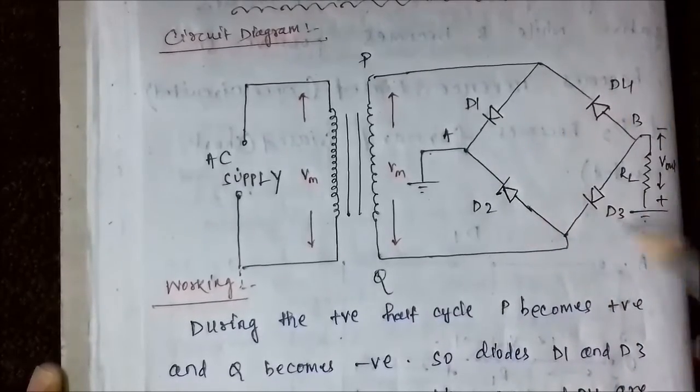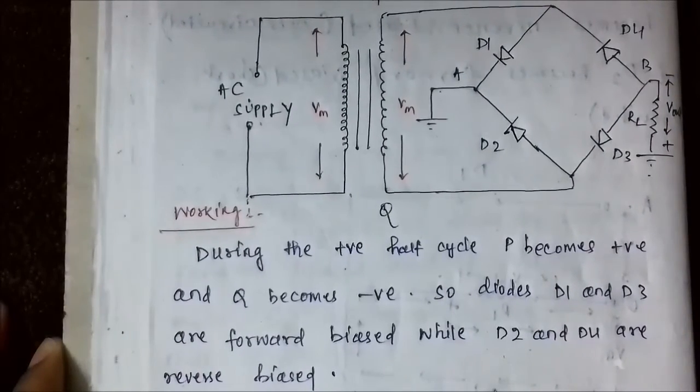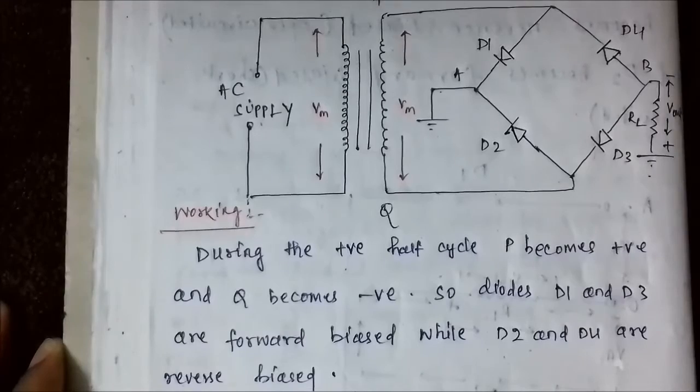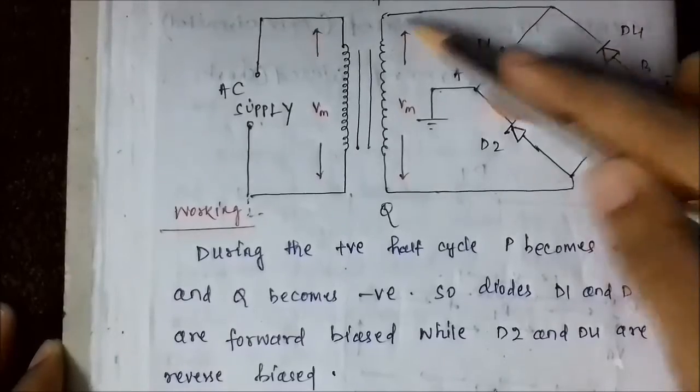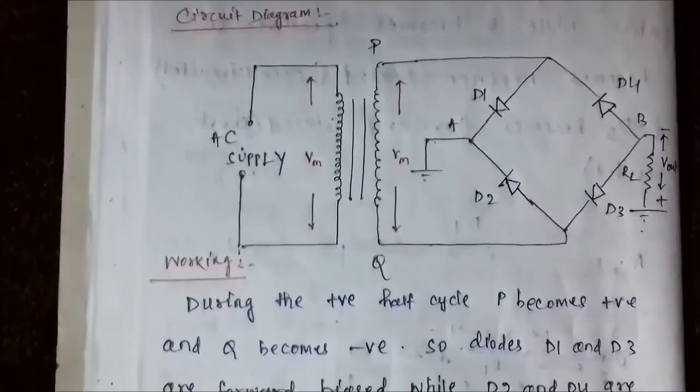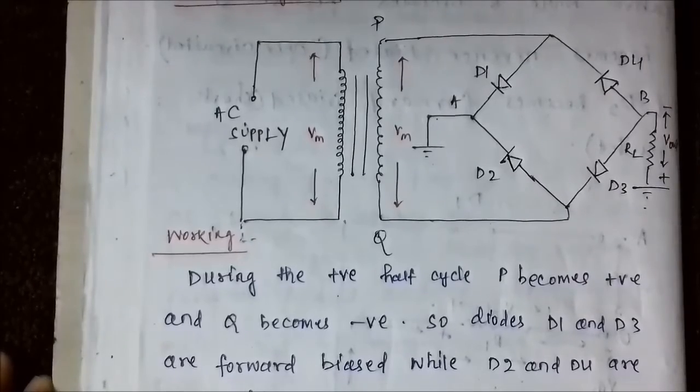D1 and D3 are forward biased, but the opposite happens to D2 and D4, and they are reverse biased, as D4 has its n-type end connected to the positive terminal and D2 has its p-type end connected to the negative terminal. So they behave as open circuit, while D1 and D3 behave as short circuit.